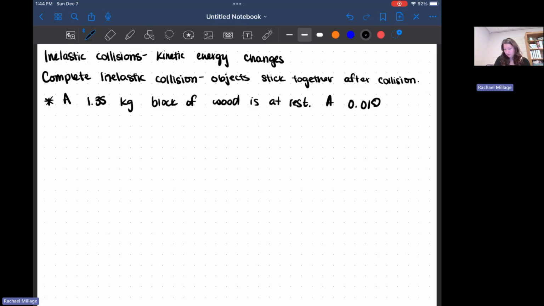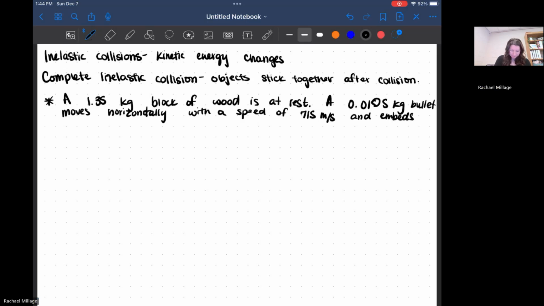A 0.0105 kilogram bullet moves horizontally with a speed of 715 meters per second and embeds itself in the block. What is the speed of the bullet-block system after the collision?